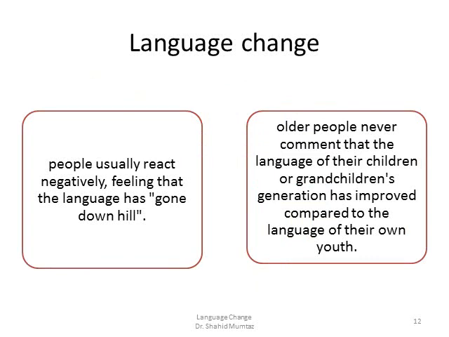Also, as people observe language change, they usually react negatively, feeling that the language has gone downhill. And you never seem to hear older people commenting that the language of their children or grandchildren's generation has improved compared to the language of their own youth.